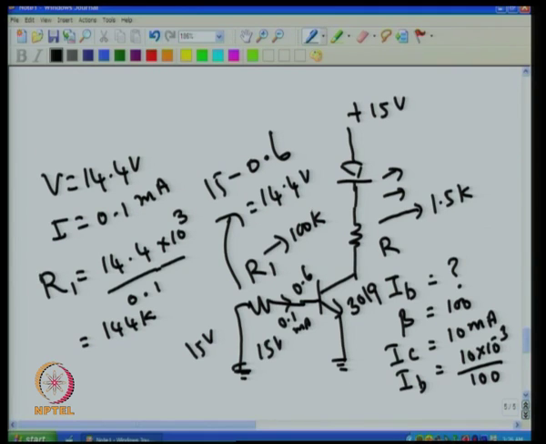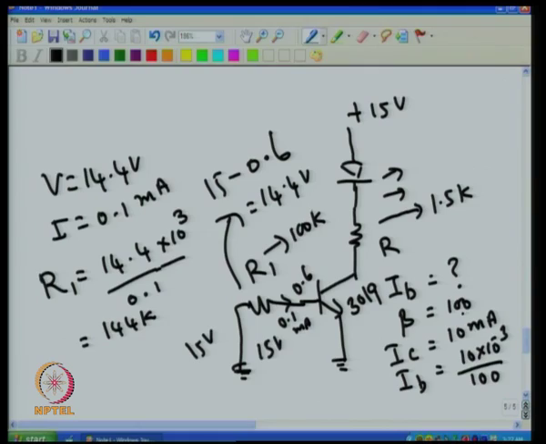That means I have taken 100 here, but in the actual case the beta of the actual transistor you use may differ. Even in 3019, one 3019 may have beta of 100, another 3019 may have beta of 150. When they say beta 100, it is a minimum value, no 3019 will have less than beta 100, but anything more than 100 you have to accept.